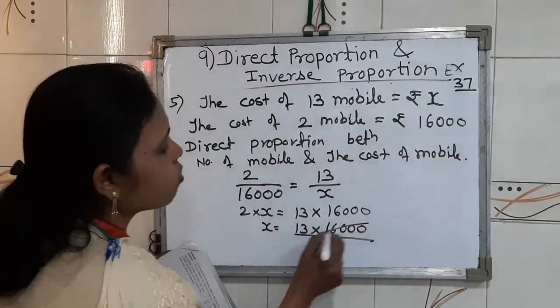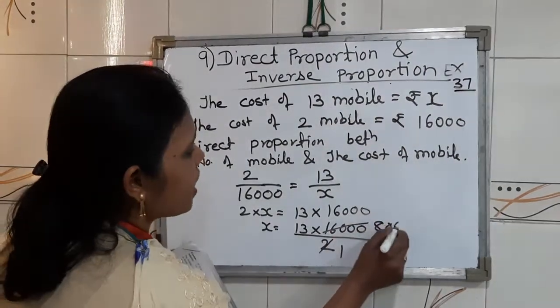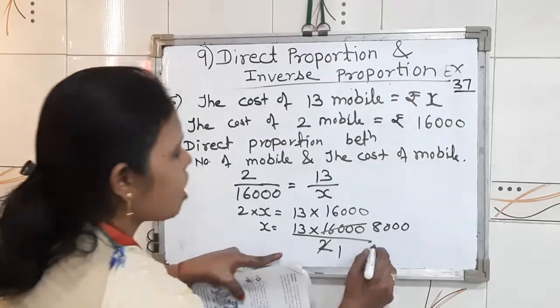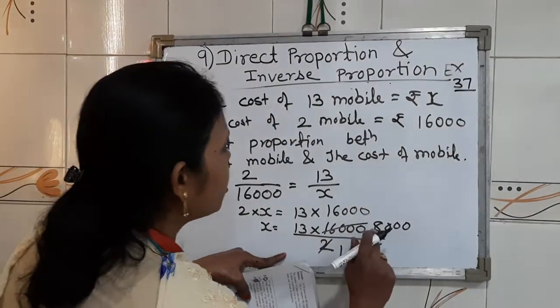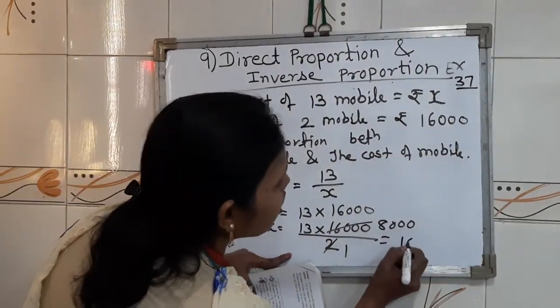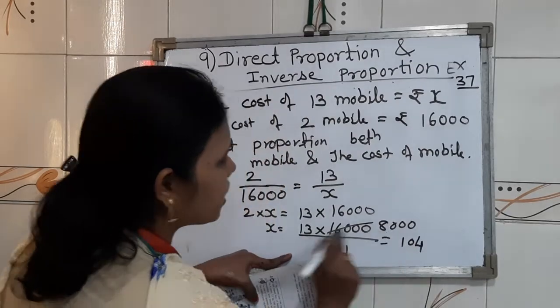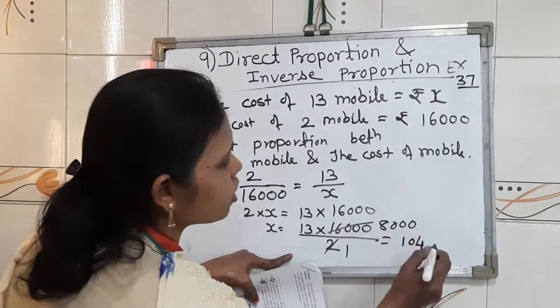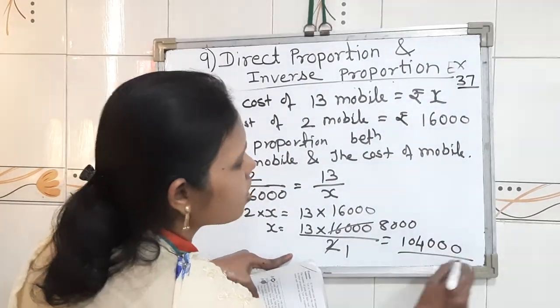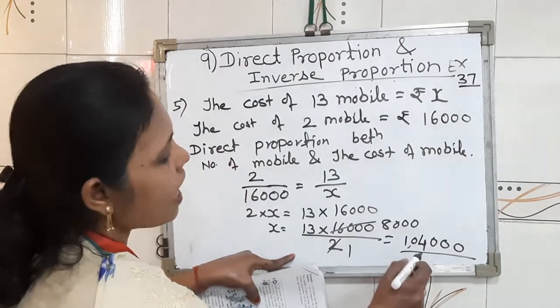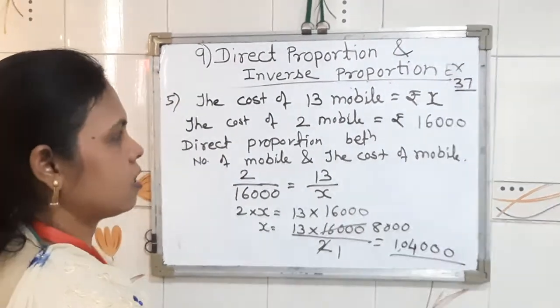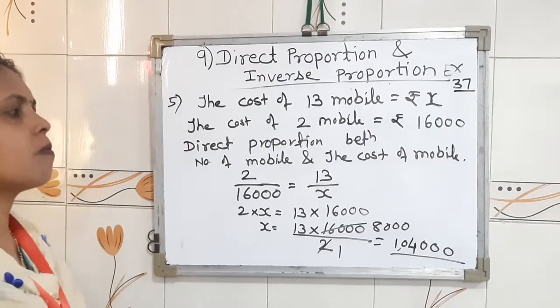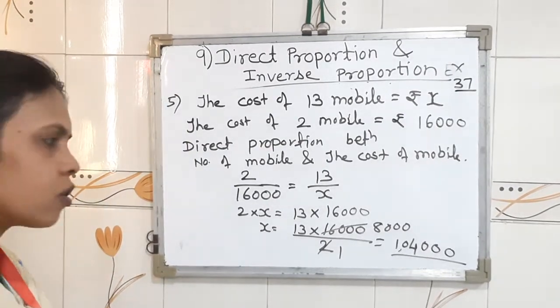2 ones are 2, 2 eights are 16 and the 3 zeros as they are. Now it will be 13 into 8, that is 104, and the 3 zeros put as they are. Now it is 1,04,000. The cost of 13 mobiles will be 1,04,000.